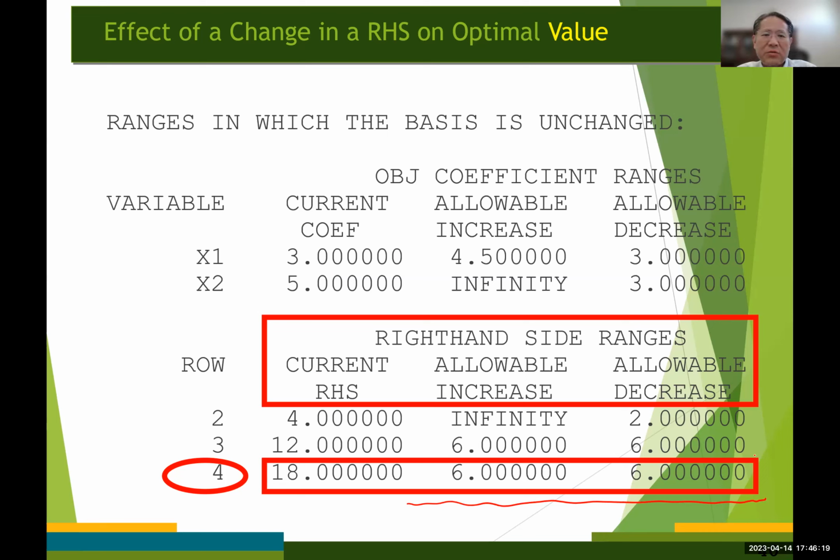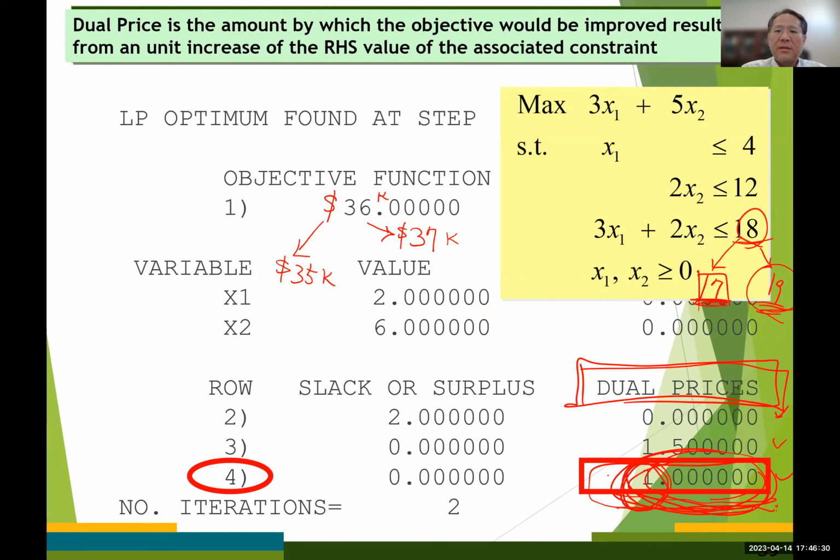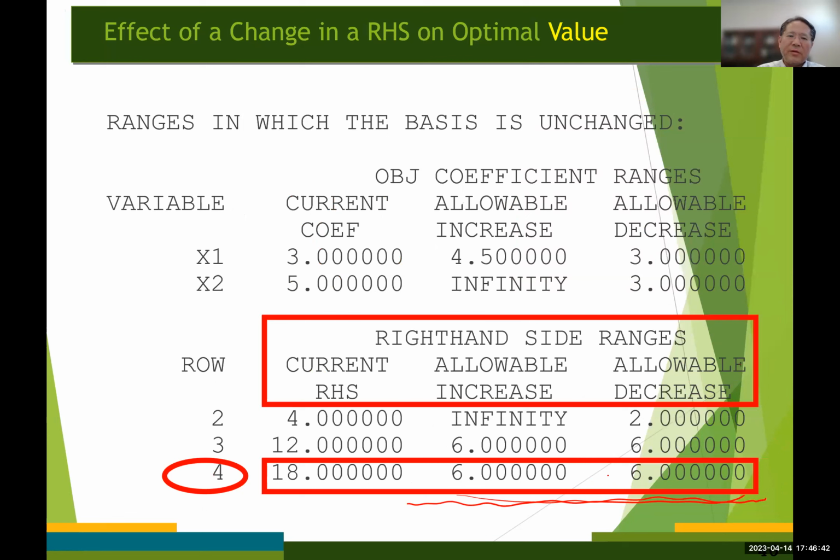So if the change in the right-hand side value goes beyond this allowable range, then the dual price of 1 here doesn't mean anything, okay? It doesn't mean anything. So we may also say that within these right-hand side ranges, the current dual price remains valid, okay? So please keep in mind that.